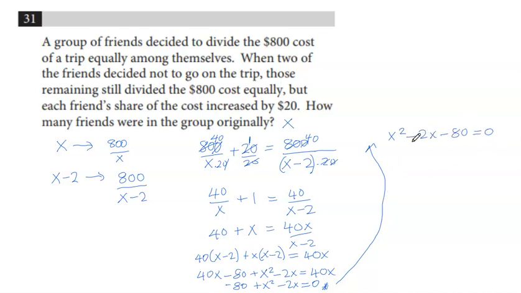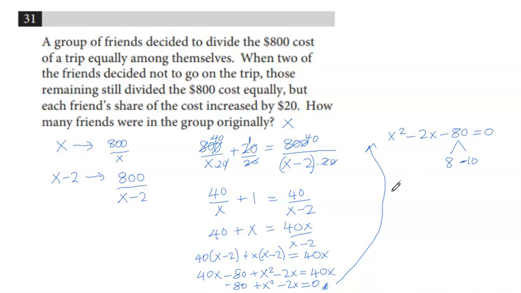And then we look at the coefficient of x in relation to the constant, which is minus 80. So we find two factors of minus 80, which when added together will give us minus 2. And that's going to be 8 and then minus 10, right? If you multiply 8 by minus 10, it's going to give you minus 80.